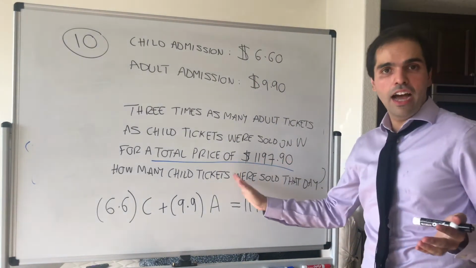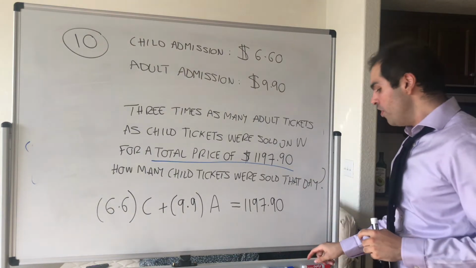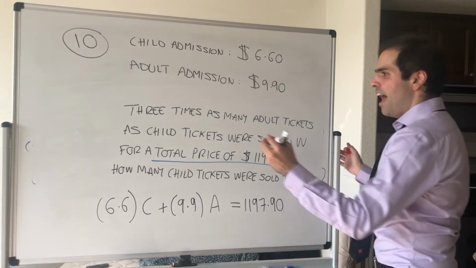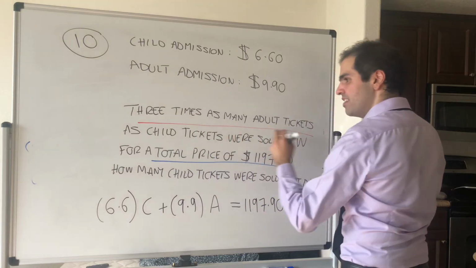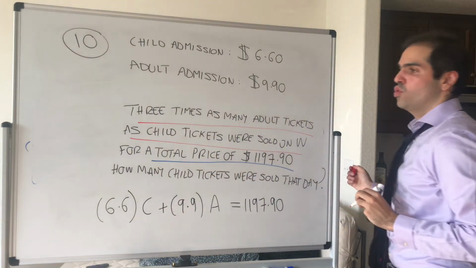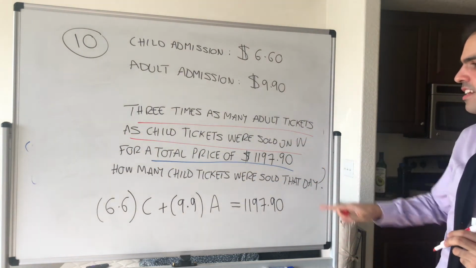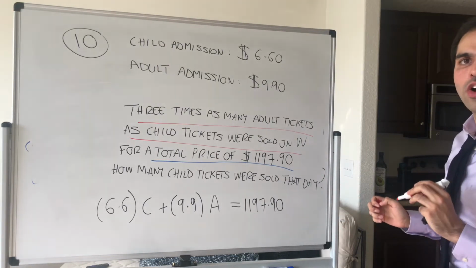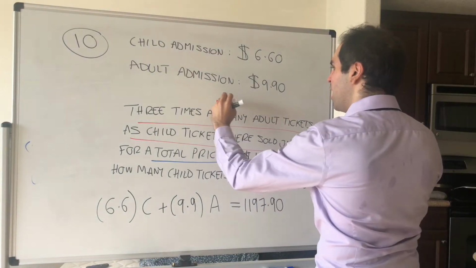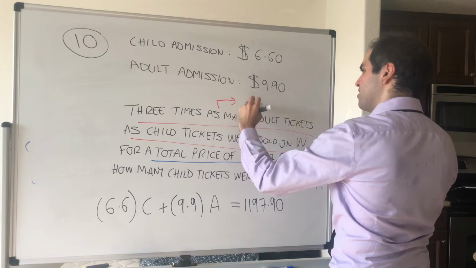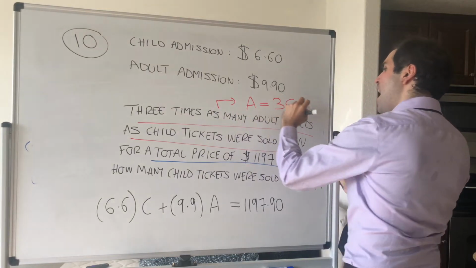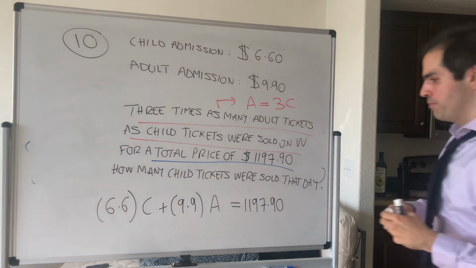However, and that's the nice thing, this is not too bad, we know that 3 times as many adult tickets as child tickets were sold on Wednesday. So basically, we know that the number of adult tickets is 3 times the number of children's tickets. In other words, A is 3C.